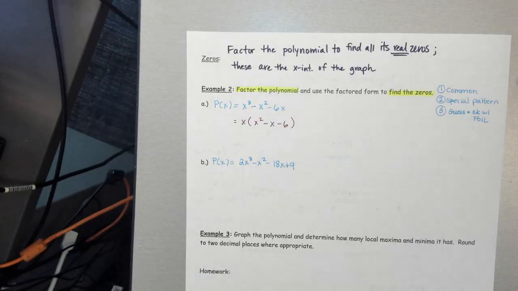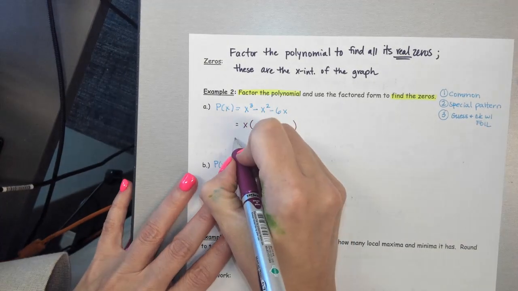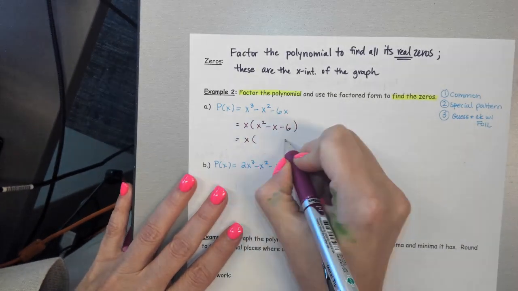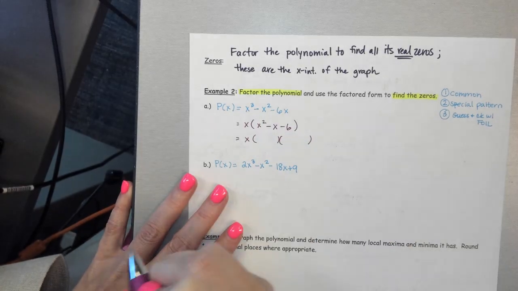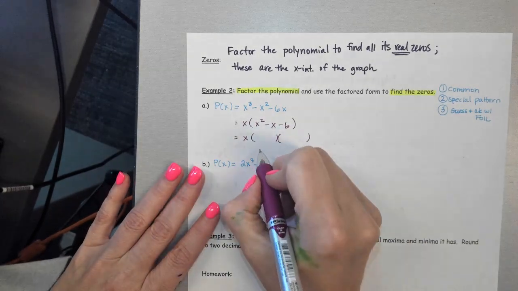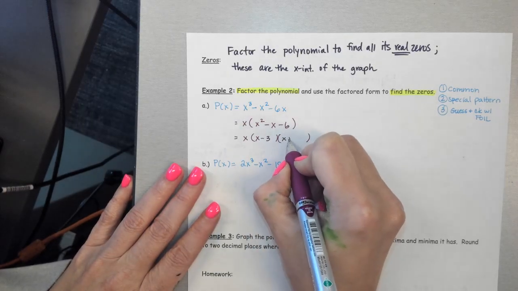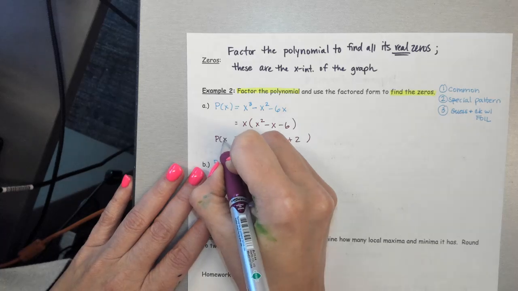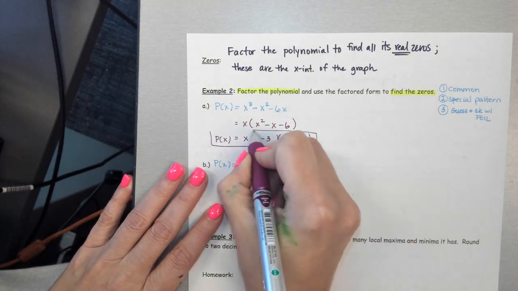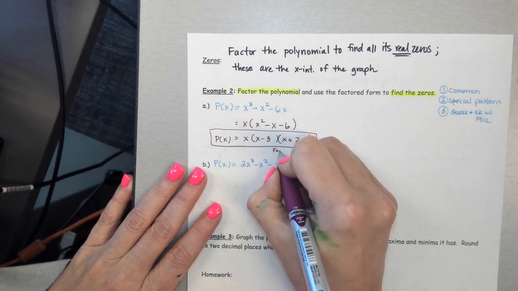Awesome. Okay, and then once you do that, can you break this down again? Okay, and then Jaden, what did you guys get here? Great. Okay, so this is the first answer. This is your factored form.